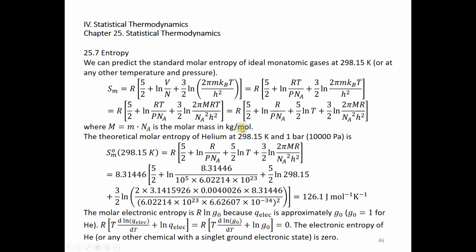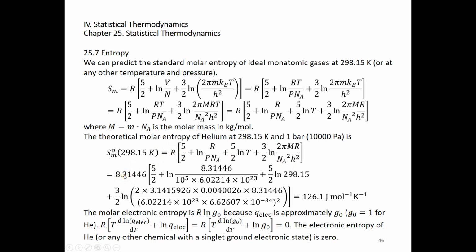Now let's calculate the molar entropy for helium at room temperature and 1 bar. We plug in all the numbers. It's R times the sum of 4 terms: 2.5, the logarithm of R over P N_A, 2.5 times ln T, and 1.5 times ln of 2 pi M R over N_A squared h squared. So we plug in all the values.